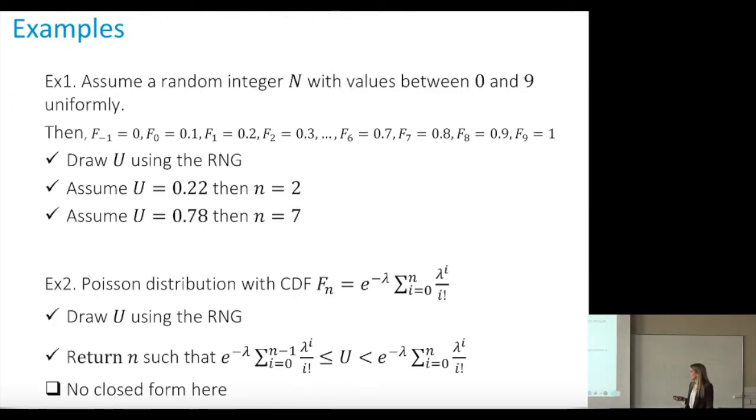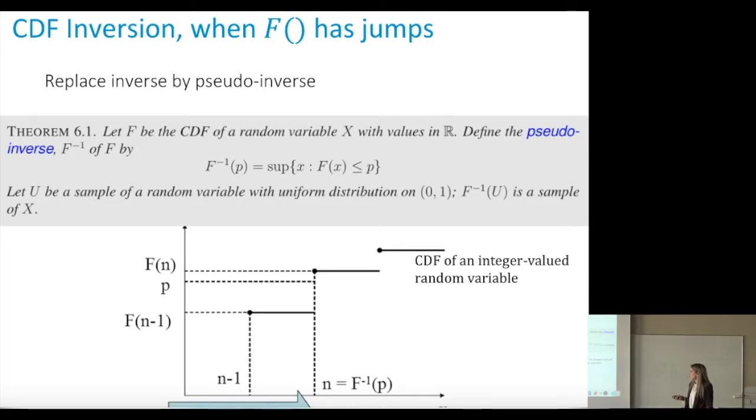And we can see it also in the figure. So let's assume that this is u. We obtain the random sample of the integer valued random variable as n, where F of n is strictly higher than u, and u is higher or equal than F of n minus 1. Sorry. Okay? Any questions here?